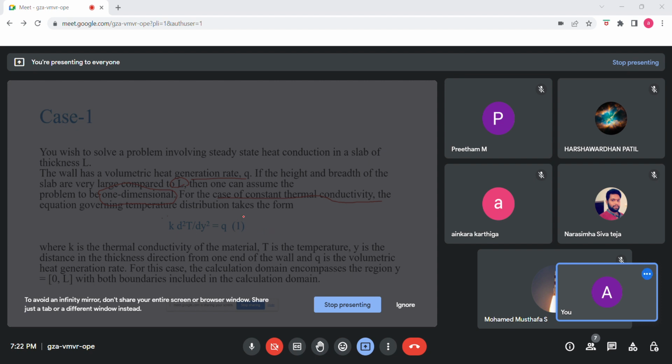So the equation in this case is given as this. The main things to be noted are that it is a one dimensional problem and the thermal conductivity is constant in this equation. So from this case, we will see a few questions in analyzing the equations.